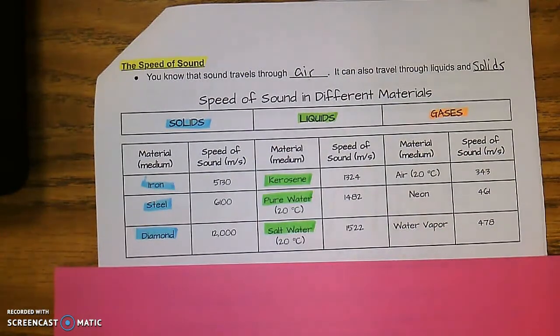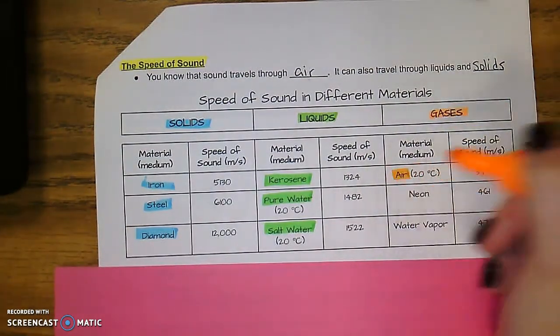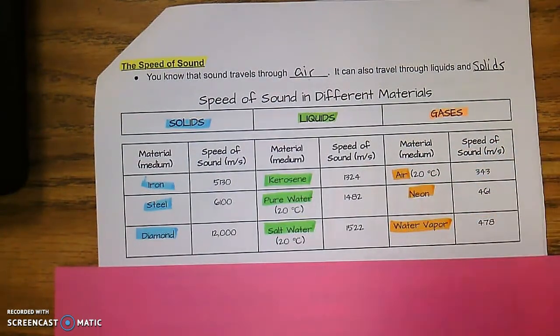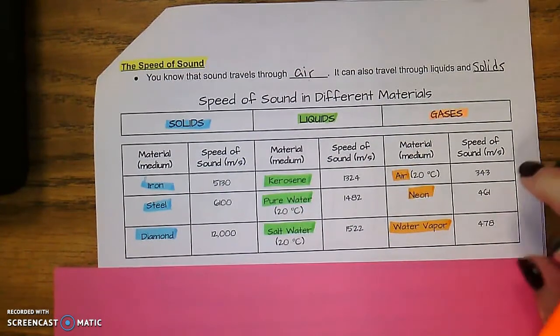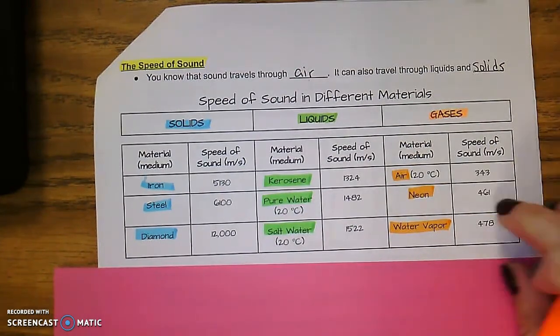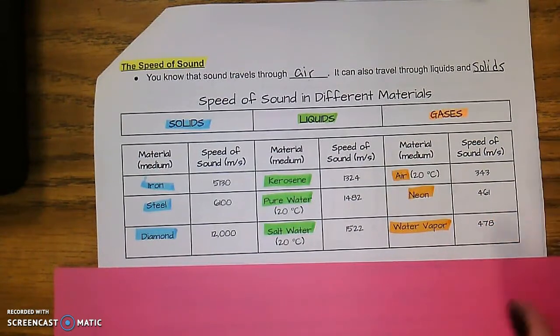Let's move over to the gases column. The gases that we have, the materials are air, neon gas, and water vapor, which would be steam. So look at these numbers: 343 meters per second for air, 461 meters per second for neon, and 478 meters per second for water vapor or steam.